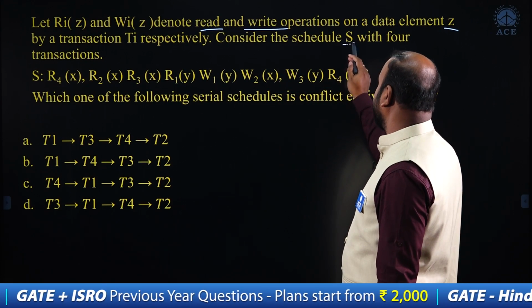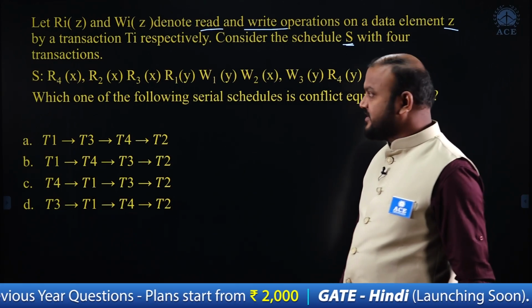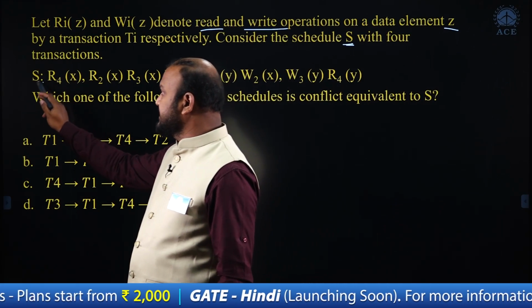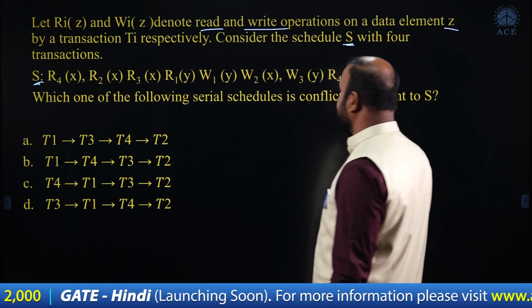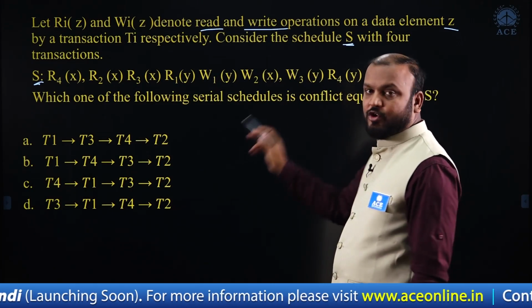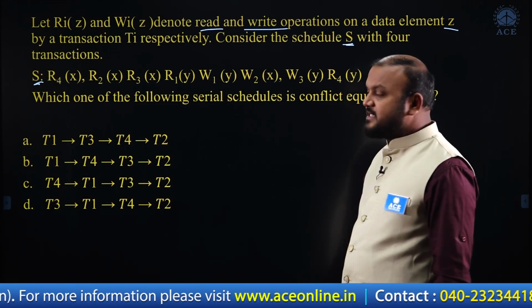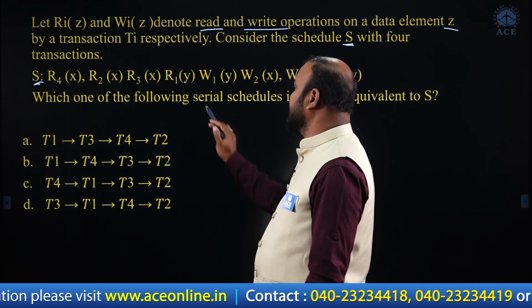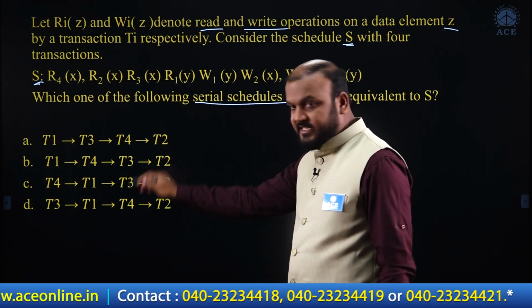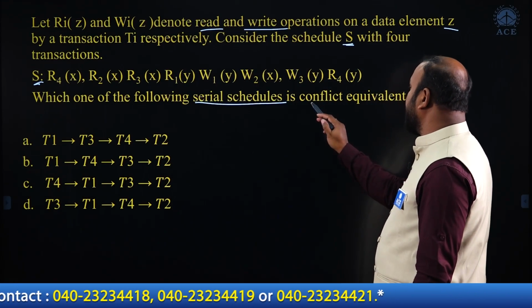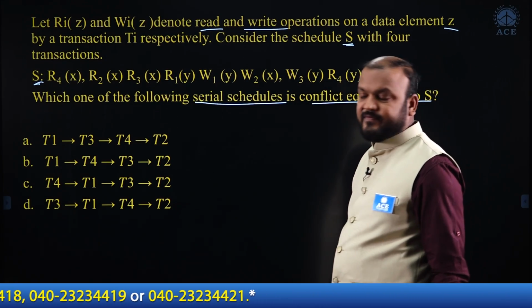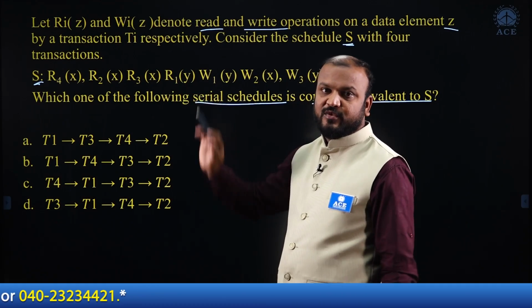Consider the schedule S with 4 transactions. Here schedule S is given. Based on the 4 transactions, we have the operations. Now the question is, which one of the following serial schedules is conflict equivalent to S?